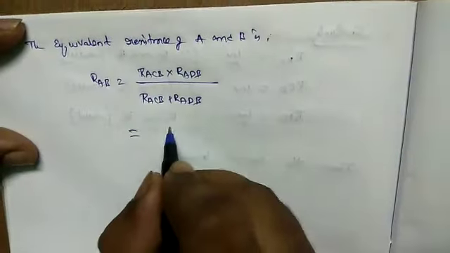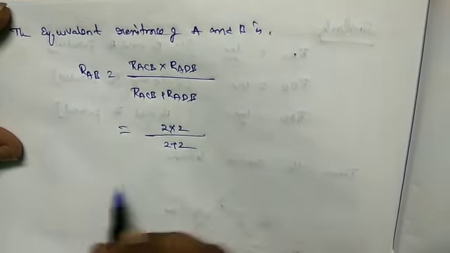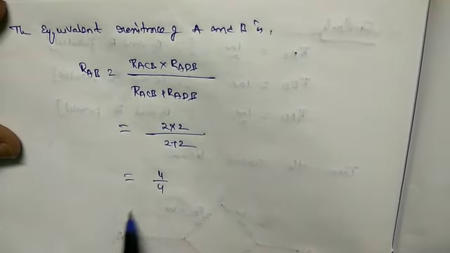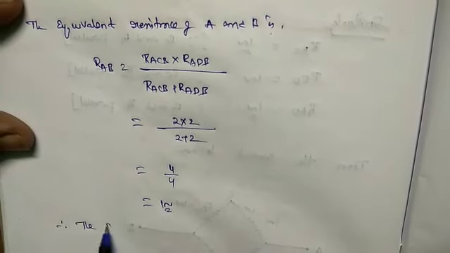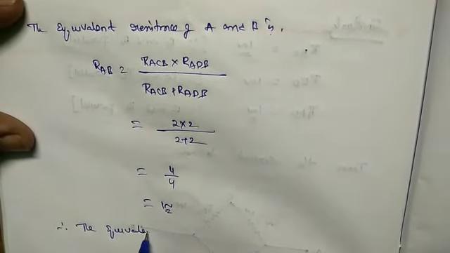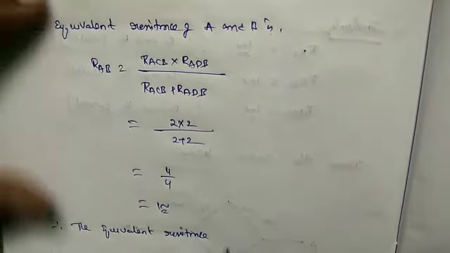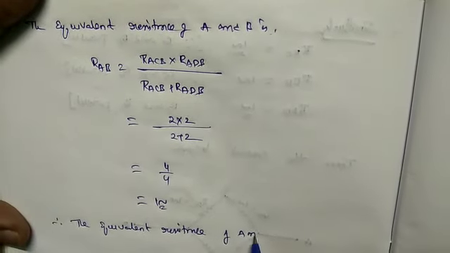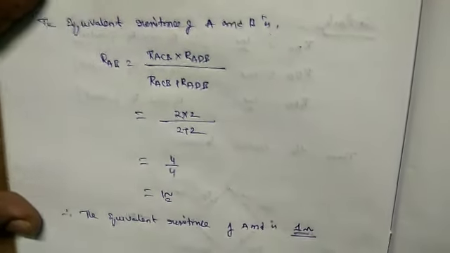That means 2 into 2 by 2 plus 2, that equals 4 by 4, that equals 1 ohm. Therefore the equivalent resistance of A and B is 1 ohm. Clear?